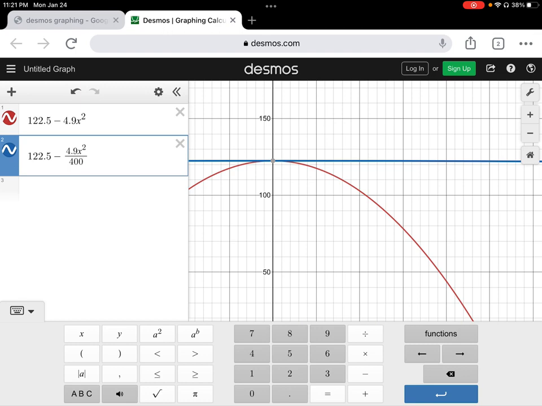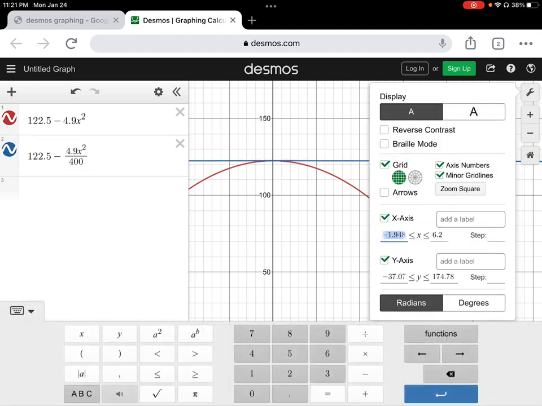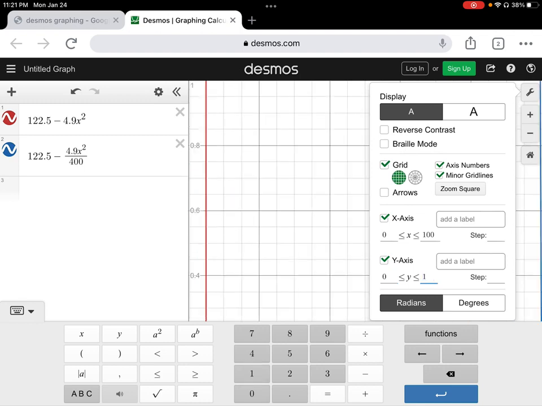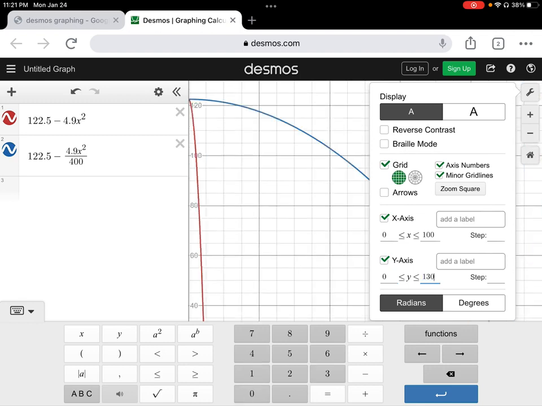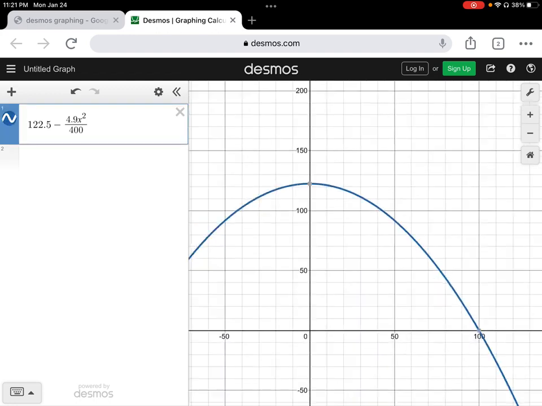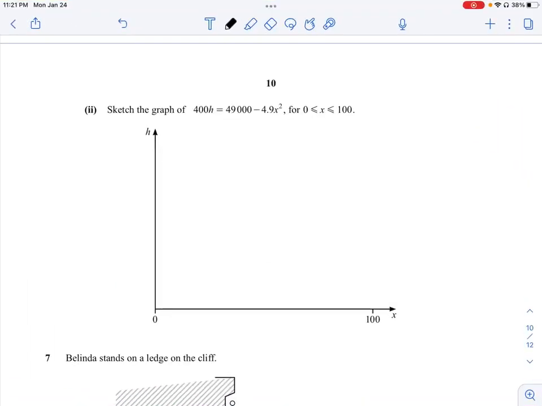Again, it is between 0 to 100, so x values are from 0 to 100. Then y values we may take from 0 to 130, which will be sufficient. I erase this graph. So you can see that it's 0 to 100, the points 100, 0 and 0, 122.5. So I go back and draw the diagram or graph. We have to be very careful touching at 100 and 122.5.